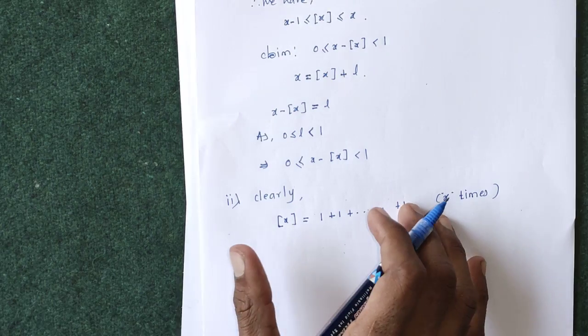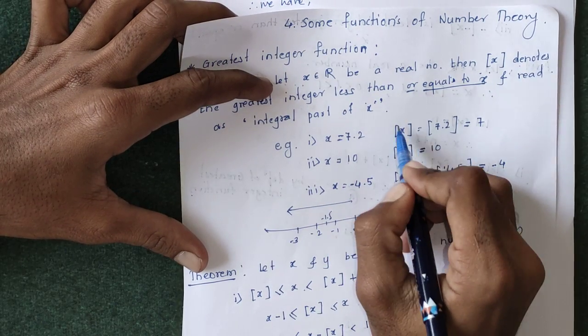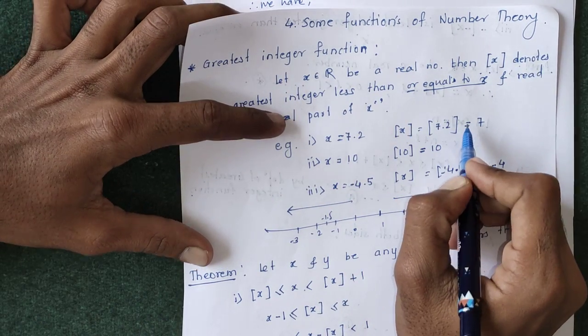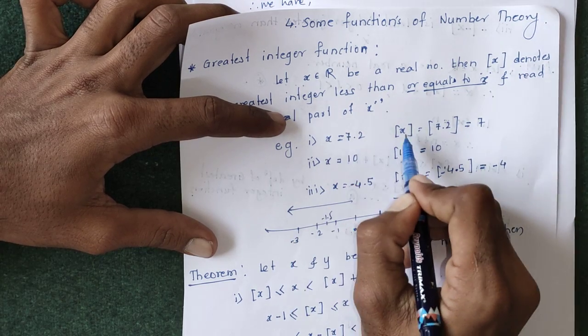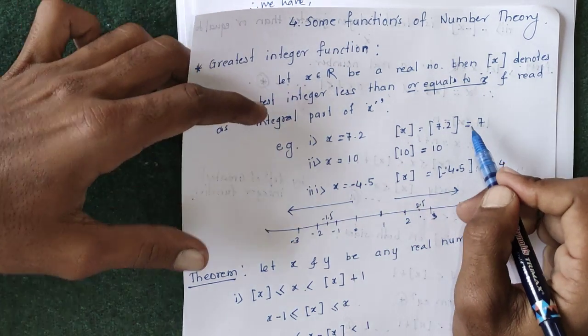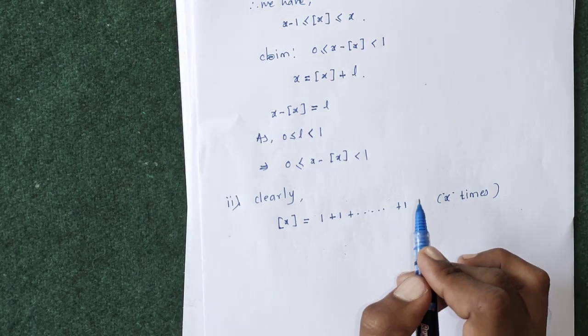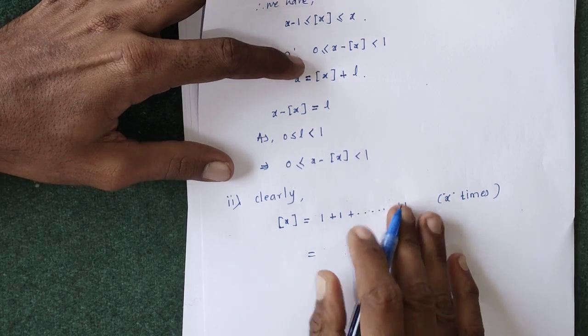For example, we have seen this example here. Suppose x is equal to 7.2. So integral part of x is 7. So adding 1 seven times, we get 1 plus 1 plus 1 and so on, which is equal to 7. So the integral part is just this summation of 1, x times. This result is obvious.